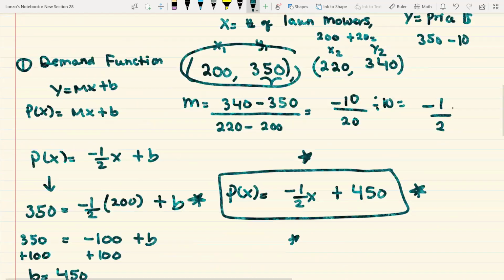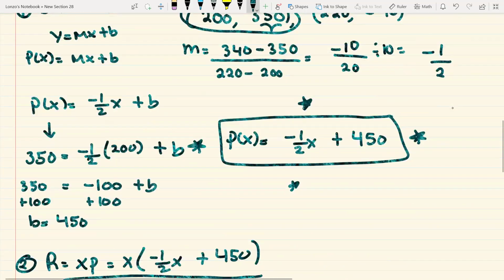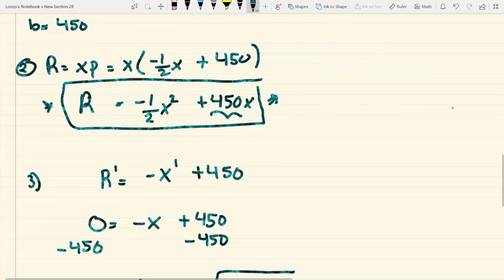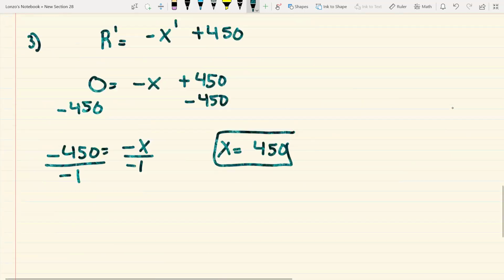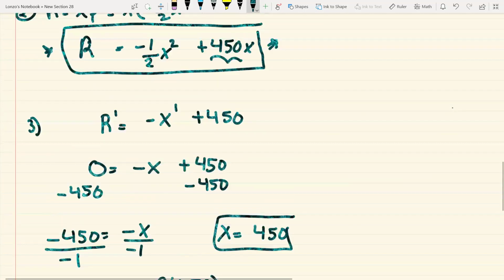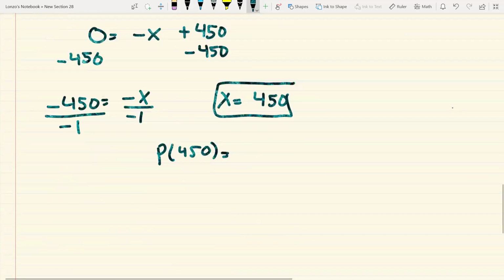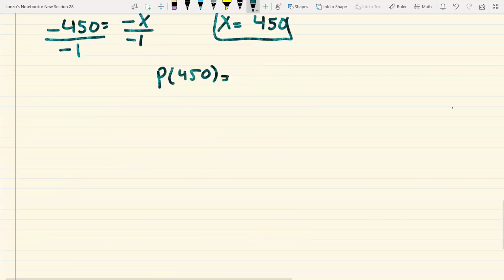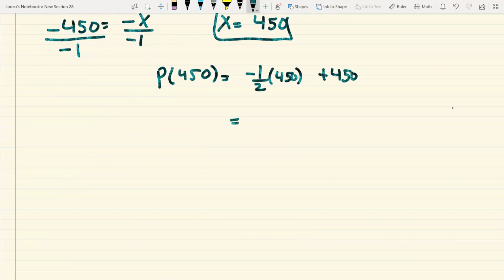We're going to plug this x value back into your demand function, right? So go ahead and put p of 450 into your demand function, which is negative 1/2 x plus 450. So you plug that in, that'd be negative 1/2 times 450 plus 450. And when you put that all together, you get 225.